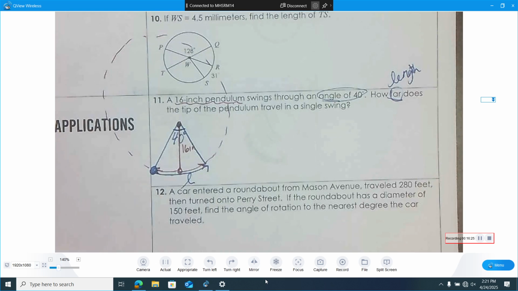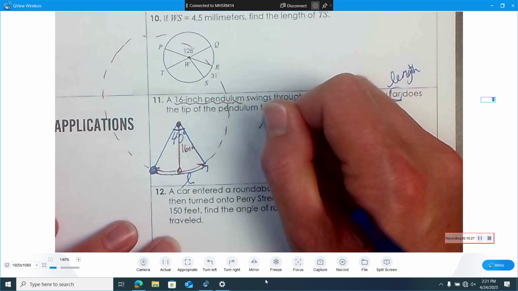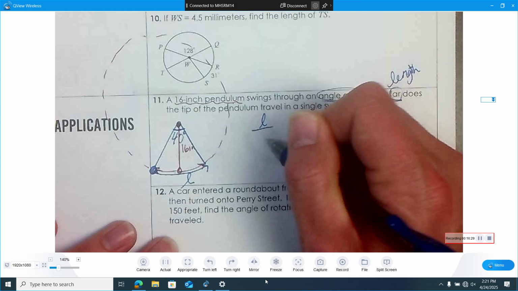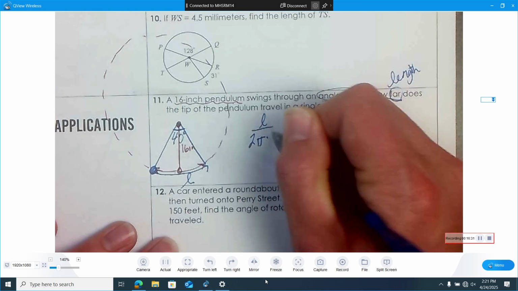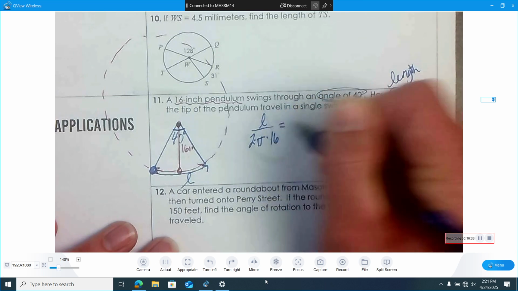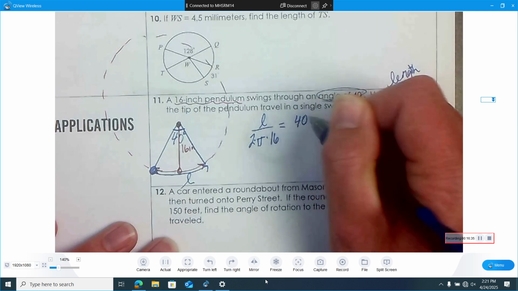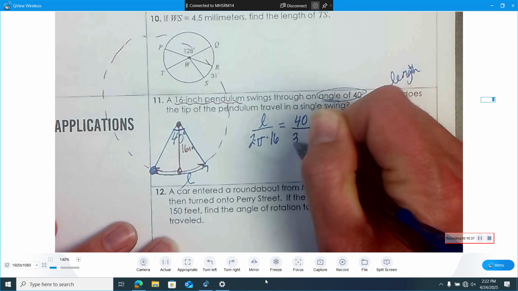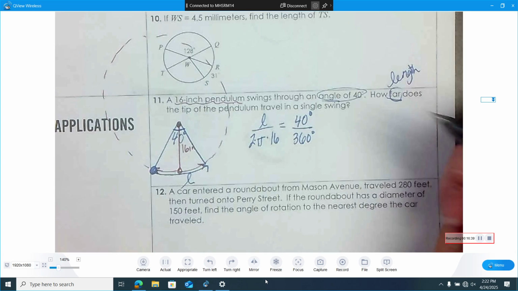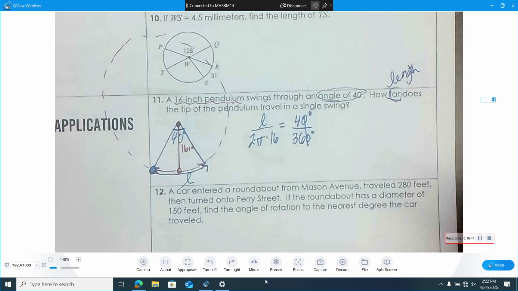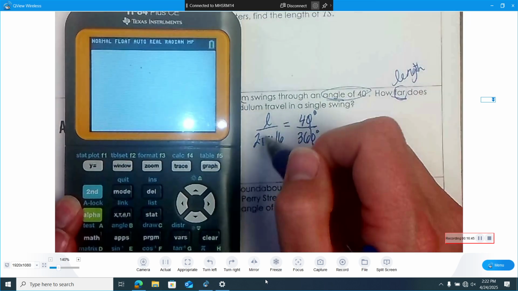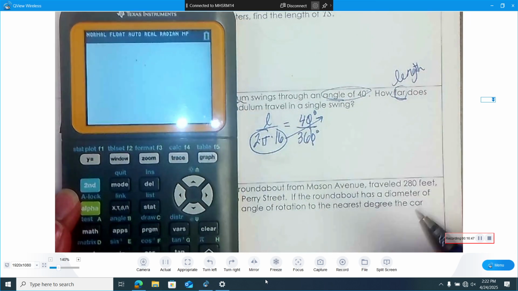All right, what's my setup? L over 2 times pi times r equals 40 over 360 degrees. Can I just cross off the zeros? Yeah. All right, we're going to go ahead and multiply to the opposite side.